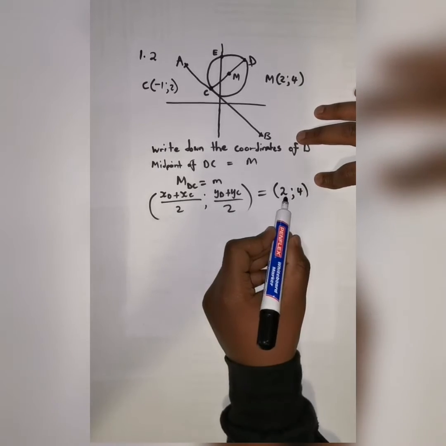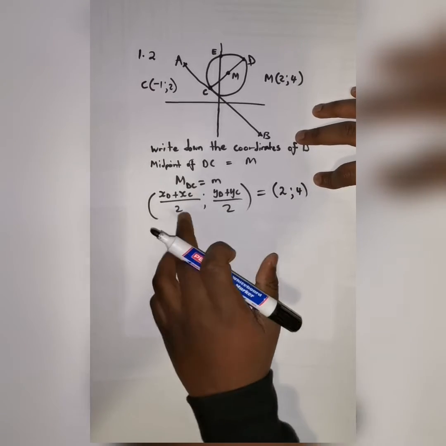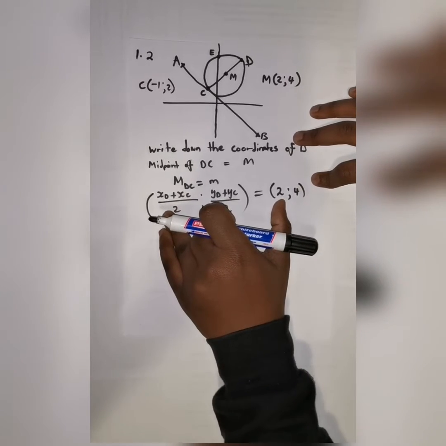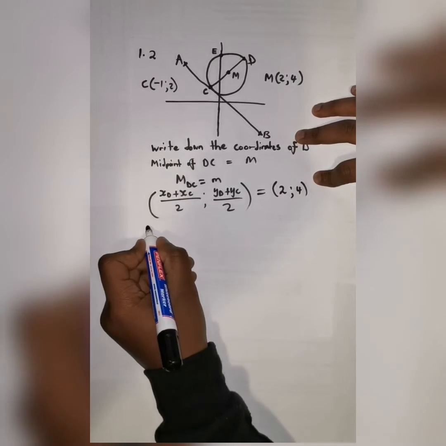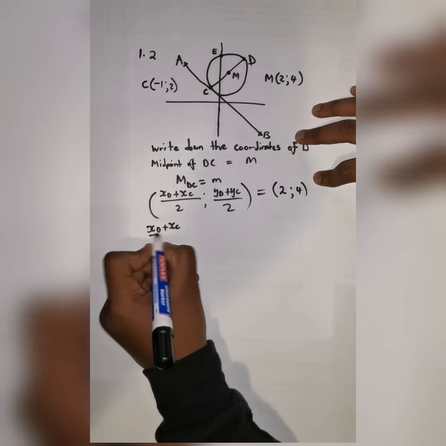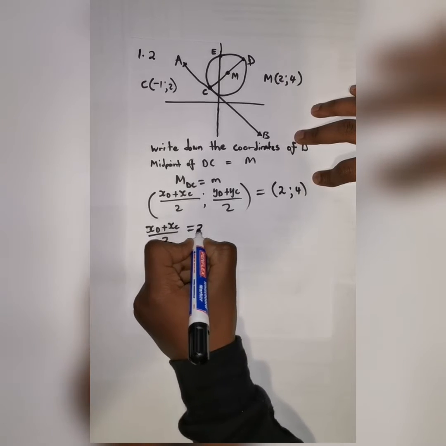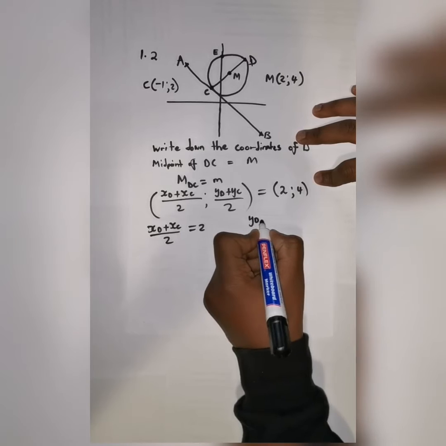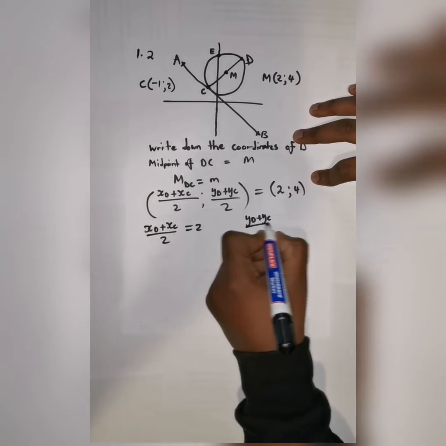So we separate these parts. We equate the x coordinate to this x coordinate, and we also do the same for the y coordinates.